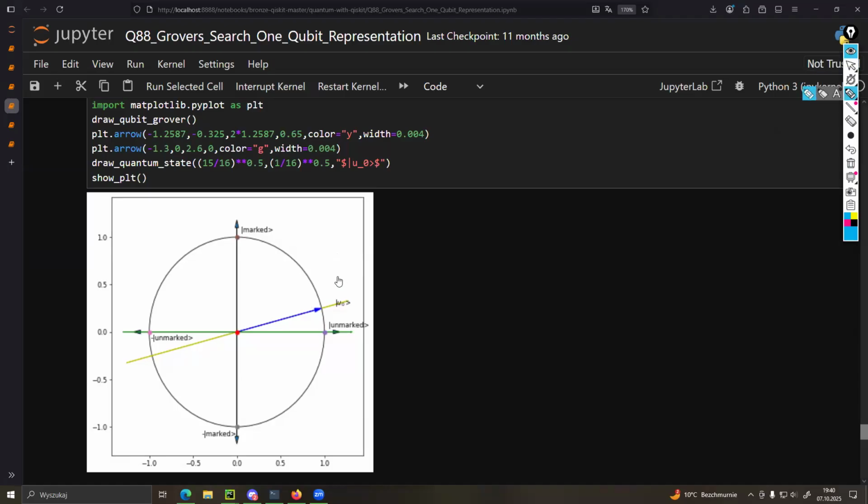So what we see here is that we first represent two lines. One line is exactly aligned as our initial state after the first preparation. Because first we have some amount of qubit zero state, right?